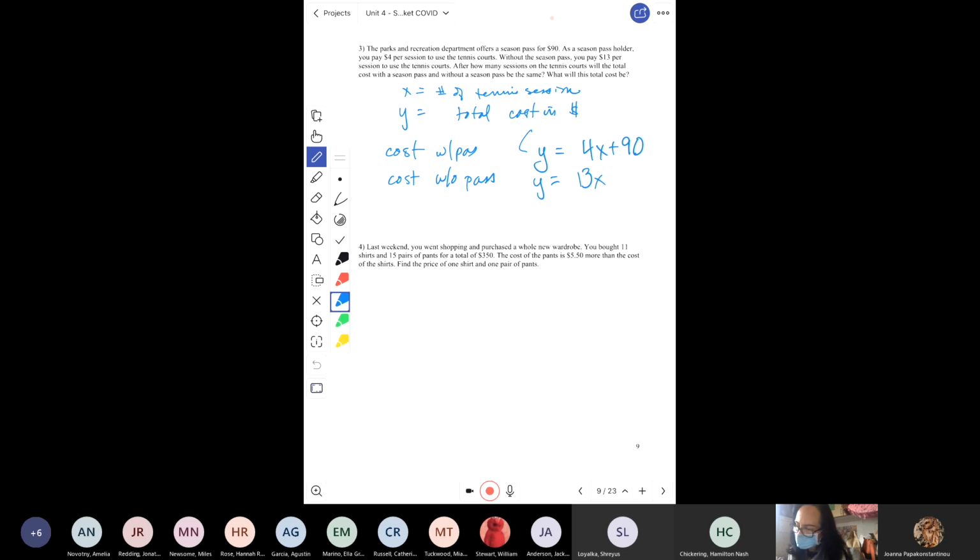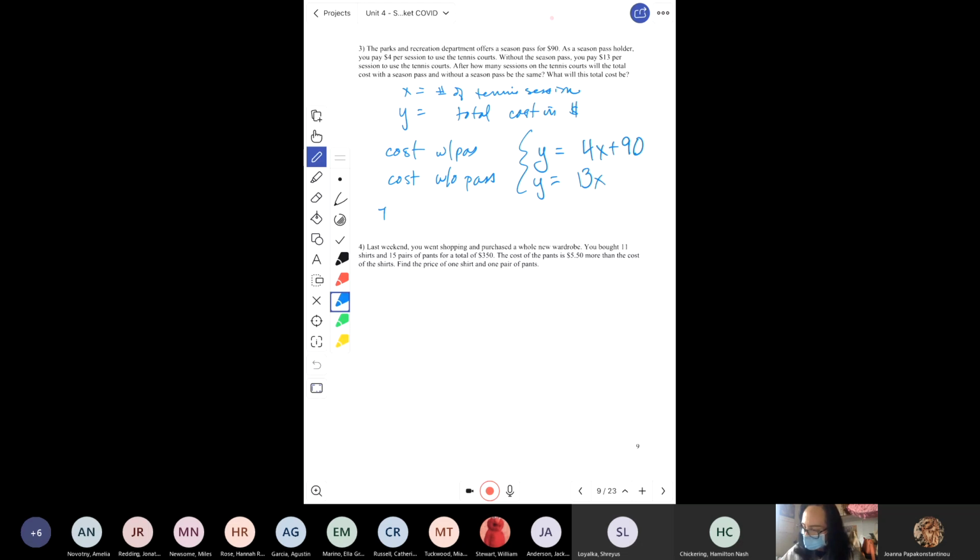How many sessions would the total cost be the same? How would we find when the two are the same? Set them equal to each other. Yes, set them equal to each other. Exactly. So did we get a solution? Can we solve this system?